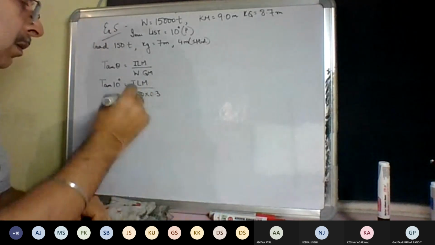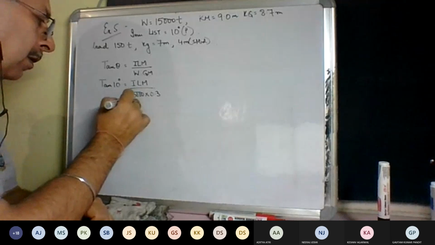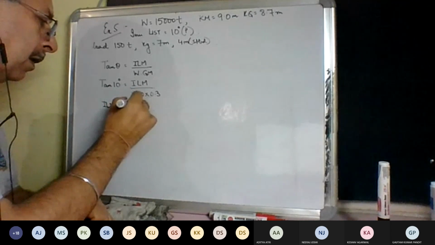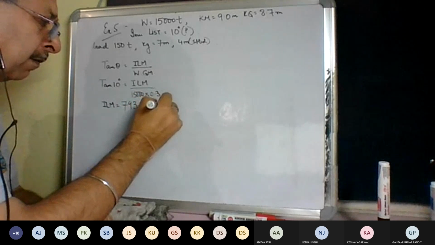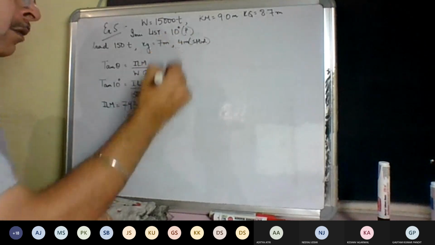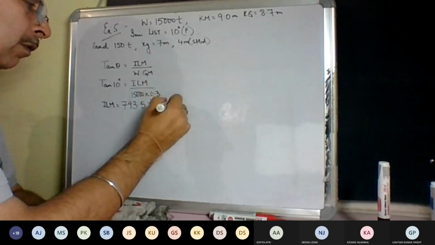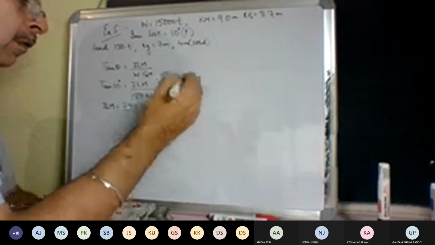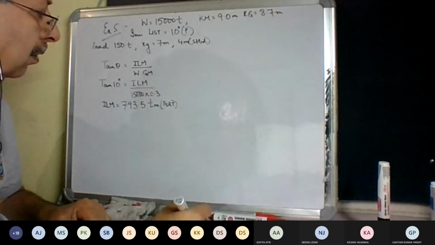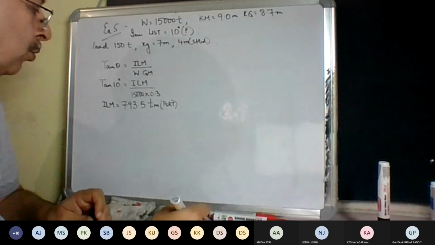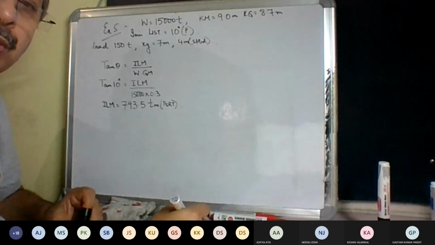Sir, 793.5 tons meter. 793.5 ton meter. And this is to port. Because मेरी initial list port को है, तो ये initial listing moment to port है.